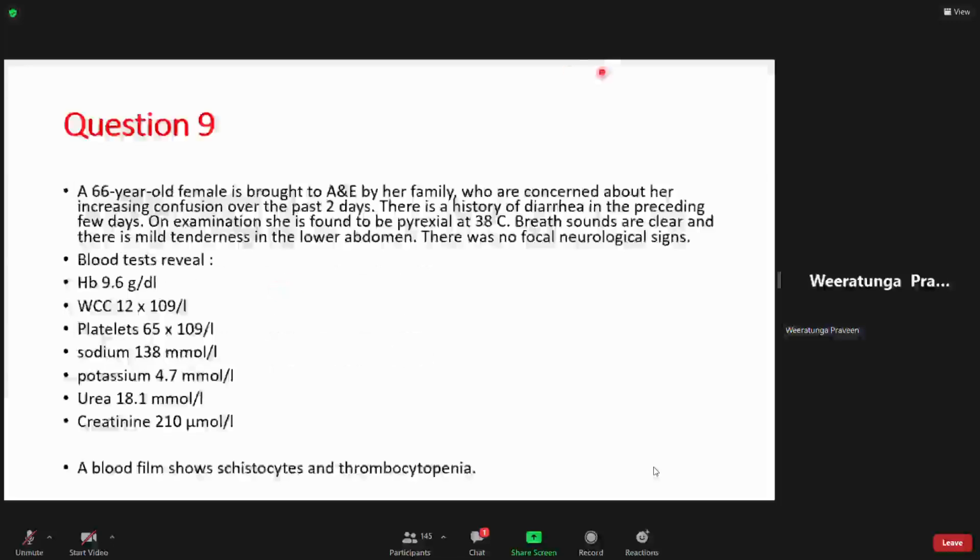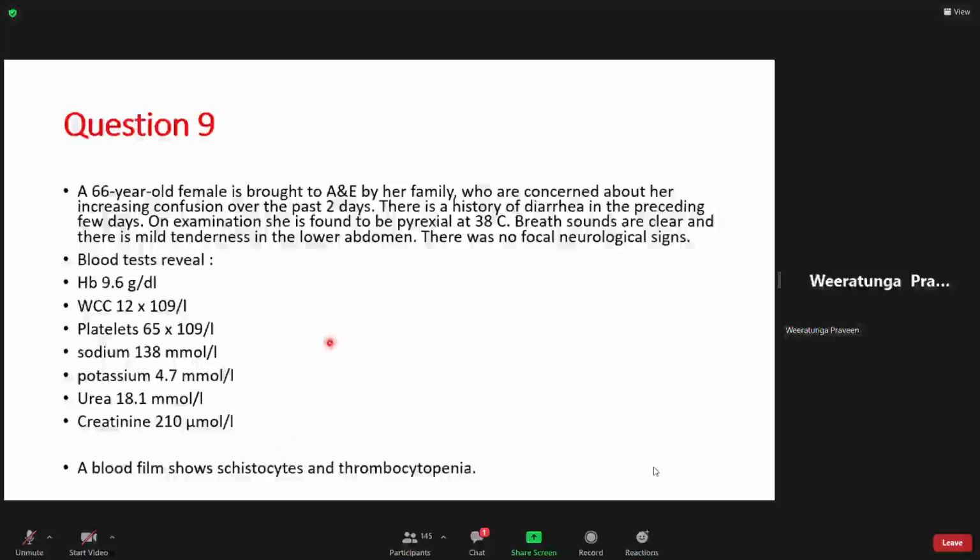Last one. 66-year-old with diarrhea. Hemoglobin low, platelets low, schistocytes. Schistocytes are what you get in these fragmentation syndromes, right?